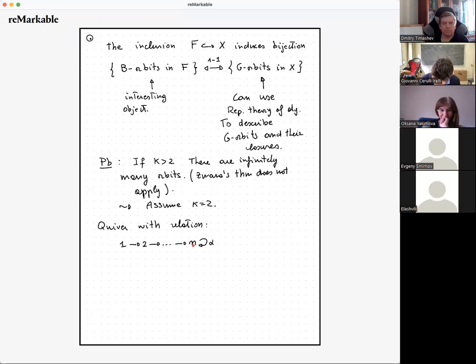So we need a quiver of vertices and arrows, and the relation is alpha squared is 0. And this is a very nice string algebra, so the representation theory of this algebra is very well known.